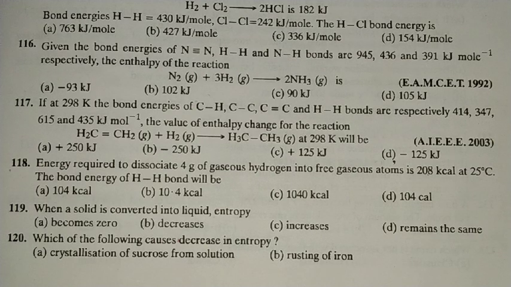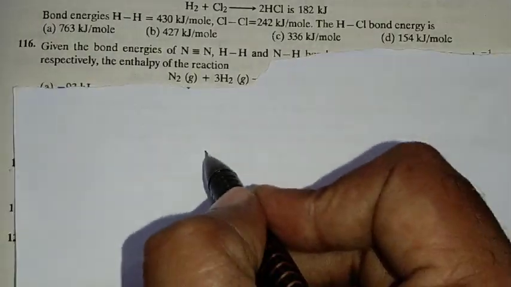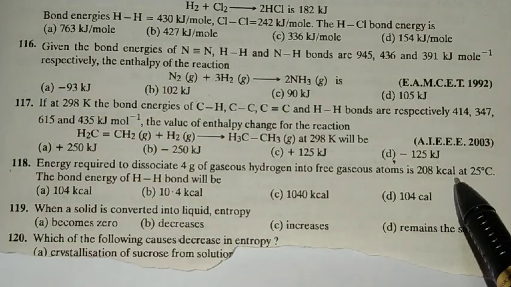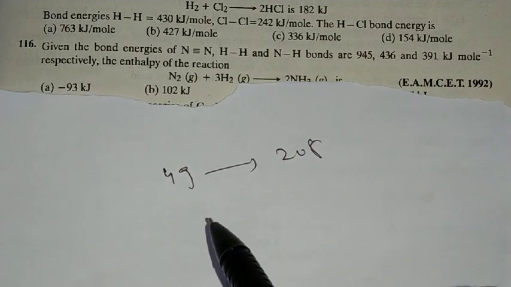Energy required to dissociate 4 grams of gaseous hydrogen into free gaseous atoms is 208 kilocalorie at 25 degrees centigrade. The bond energy of H-H bond would be? So this is a very simple shortcut model. If you observe, 4 grams gives 208 kilocalories, but the actual hydrogen molecule is nothing but 2 grams only.